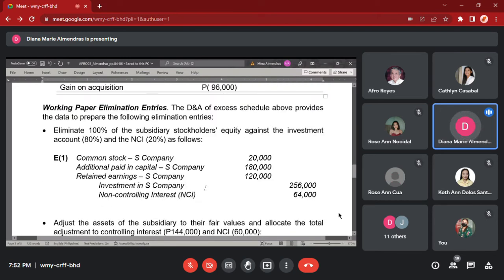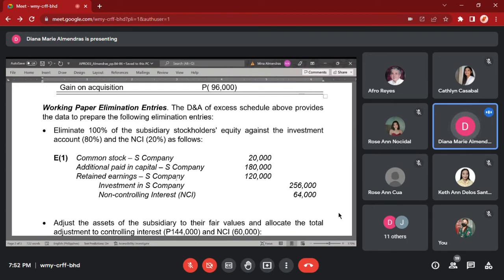Working paper elimination entries. The DNA or determination and allocation of excess schedule above provides the data to prepare the following elimination entries. Eliminate 100% of the subsidiary stockholders' equity against the investment account 80% and the NCI 20% as follows.